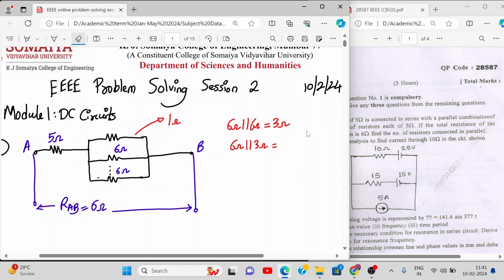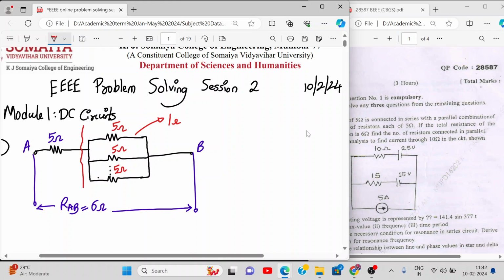I thought it was 6 ohm, so if it is 5 ohm, then it's okay. So this is 5 ohm, all are 5. Anyway, the parallel combination should be 1 ohm, correct? So 5 ohm parallel to 5 will be 2.5. Again 2.5 parallel to 5, how much is this?